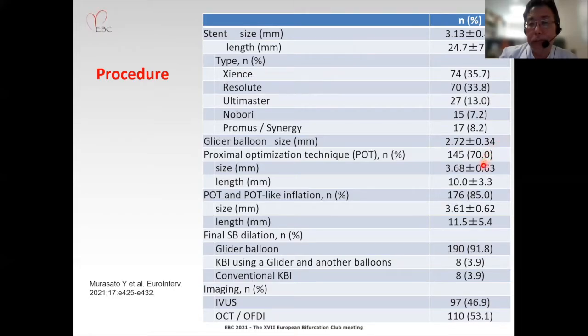POT or POT-like inflation was performed in 85%. The size of the balloon is 3.6 mm. And the final side branch dilation with the Glider balloon alone was 92%. And all procedures were guided by IVUS, OCT or OFDI.